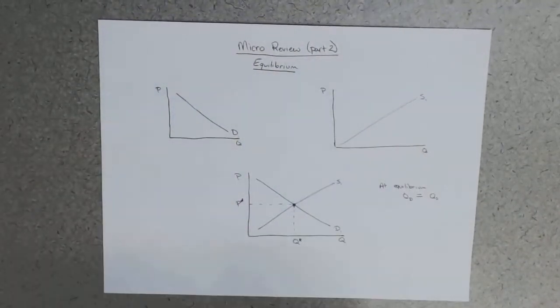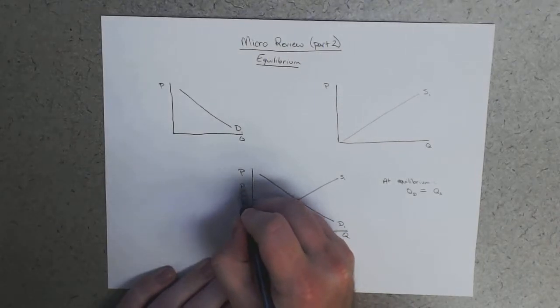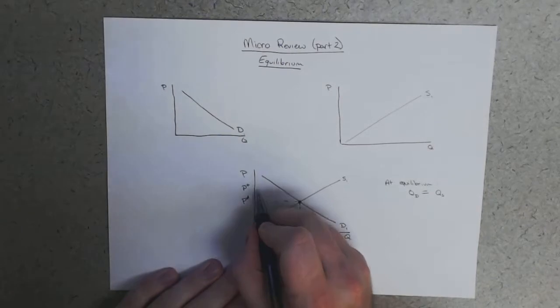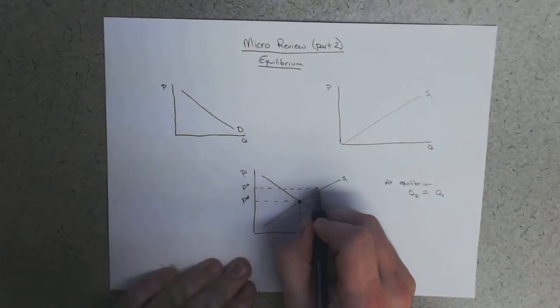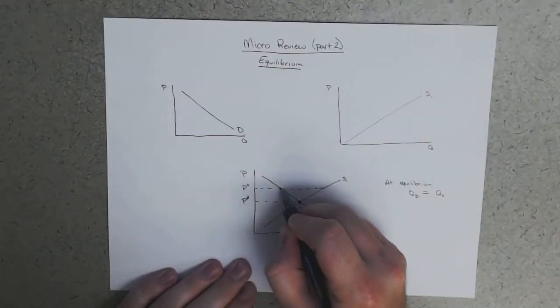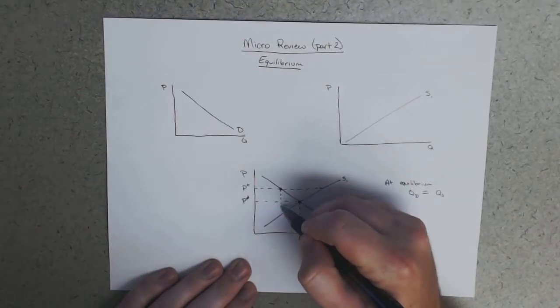Fully supported. If the price were too high, what would happen? If the price is too high, let's call it P plus, just to use the plus sign here. If it were set too high, what would happen? Well, we come over and we run into the demand curve right there, so we can come straight down.